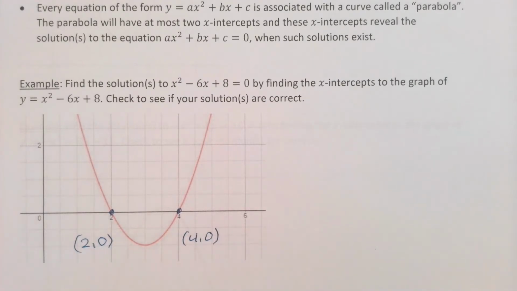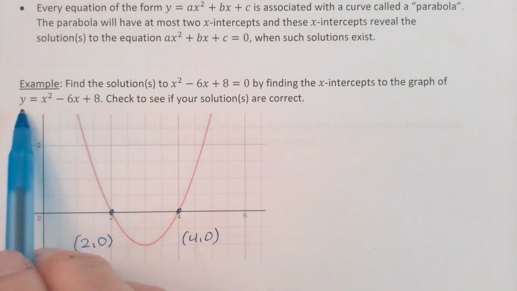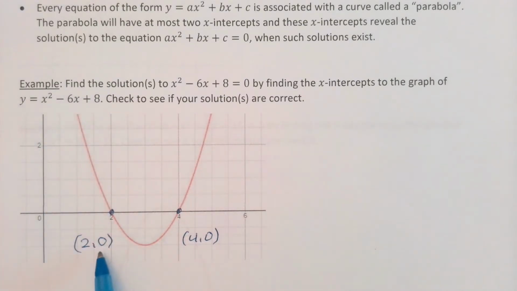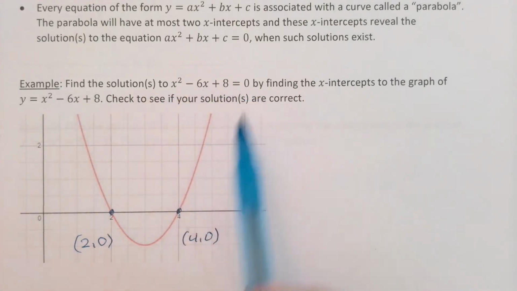If we've done everything right, the 2 and the 4 should be the roots to this equation. Now, why would that be? Well, the idea here is that if we take 2 and plug it in, it's going to make the y value, and we already know the y value is 0. We'll test that in just a minute. But if you're looking for numbers that plug in here to make 0, you can find them by finding these x-intercepts.